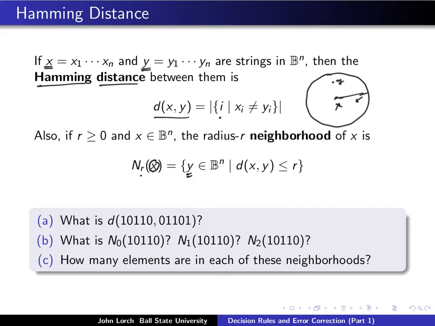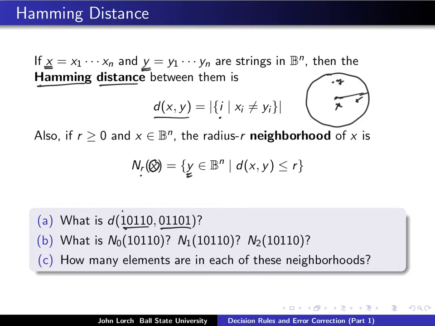Okay, here we're going to get a little bit of practice using the Hamming distance and in computing some of these neighborhoods. In part A, we want to know the distance between 1, 0, 1, 1, 0 and 0, 1, 1, 0, 1. So what we want to do is count up all of the places where these two strings differ.